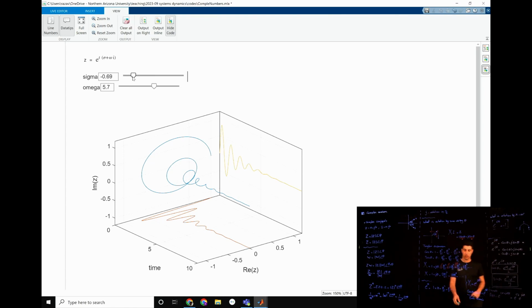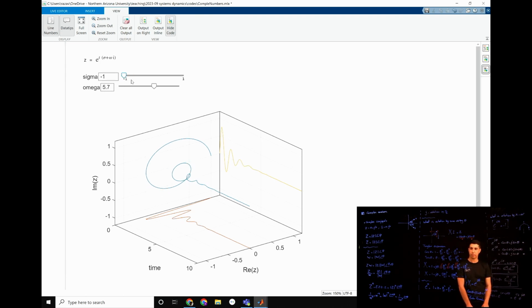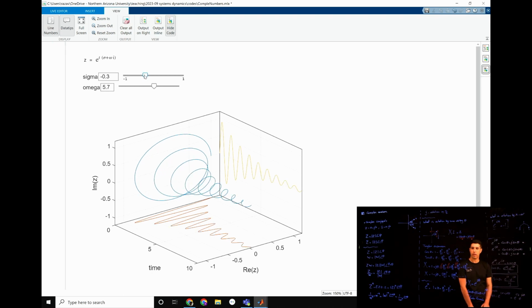Now coming back here, if sigma is negative, I have e to the some negative times time, and it's an exponential decay that is scaling both the real and imaginary parts. And this spiral eventually dies out. As I make it more negative, it dies faster and faster. And make it less negative, more time it takes for the oscillations to die down.